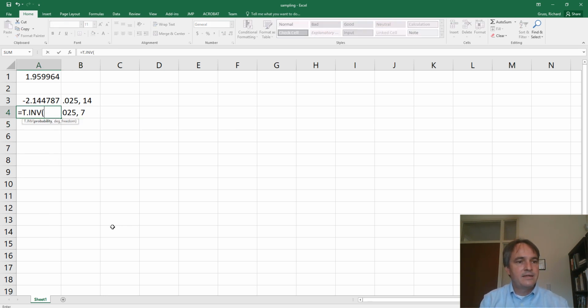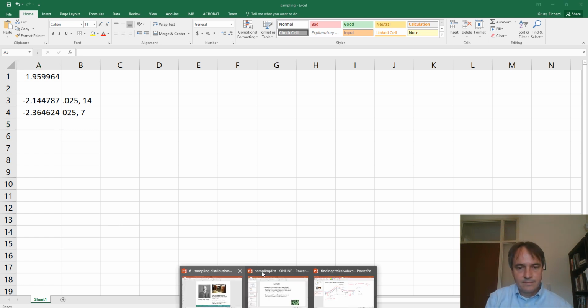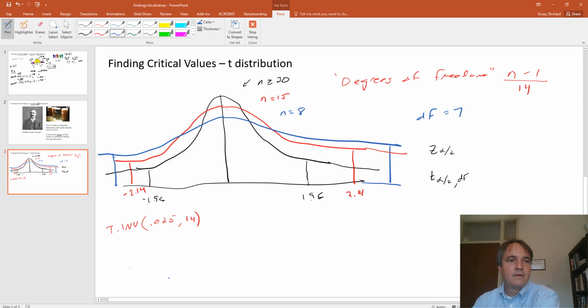So it's going to be equal to t.inv of 0.025, degrees of freedom 7. Okay, and so negative 2.36. Negative 2.36, and so this is positive 2.36. Okay, so these then are the critical values.